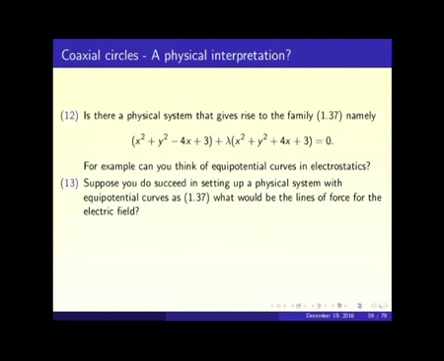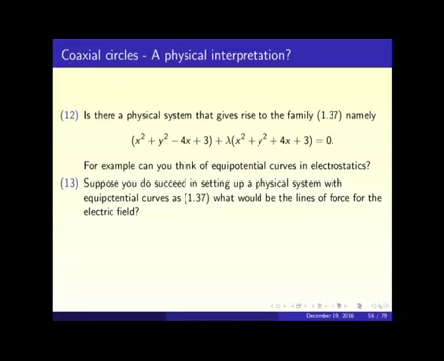If you look at the pictures in Resnick and Halliday's book on page 635, he depicts the equipotential lines by solid lines and the lines of force by dotted lines. And what you see in those pictures is that the dotted lines intersect the solid lines at right angles. The lines of force intersect the equipotential lines at right angles.